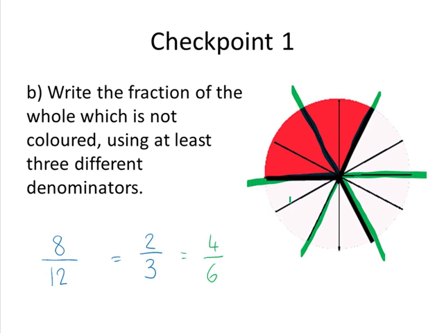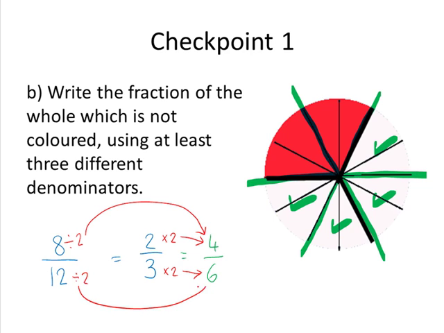We can also see that 2 over 3 is the same as 4 over 6 if we multiply both top and bottom by 2. 2 times 2 is 4, 3 times 2 is 6. Or we could divide both top and bottom of the 8 over 12 fraction by 2. 8 divided by 2 equals 4, 12 divided by 2 equals 6. So these 3 fractions all mean the same thing. 8 over 12 equals 2 over 3 equals 4 over 6.